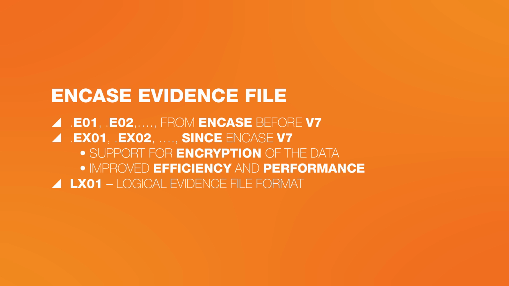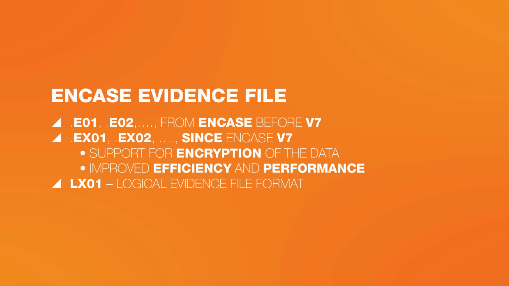Older versions of EnCase image use the .E01 extension. This extension is recognized as the EnCase image file format, also known as Expert Witness Format, short for EWF. Since EnCase version 7, the extension becomes .Ex01, known as EWF version 2.